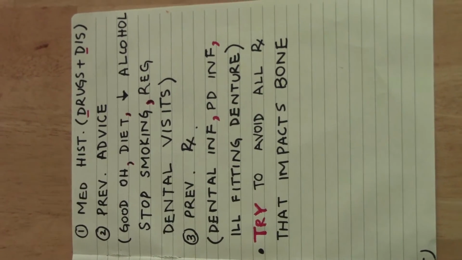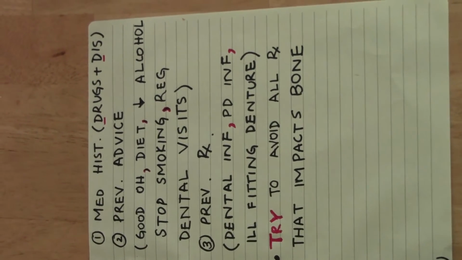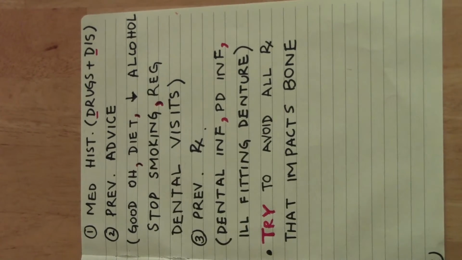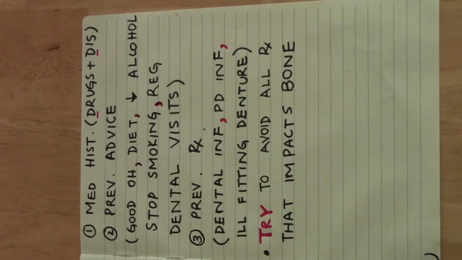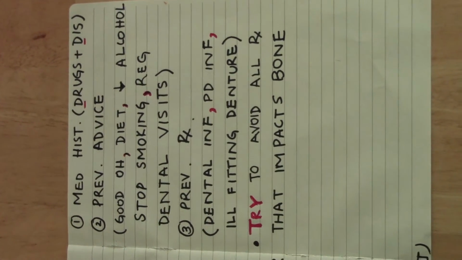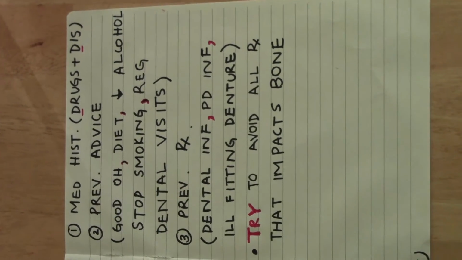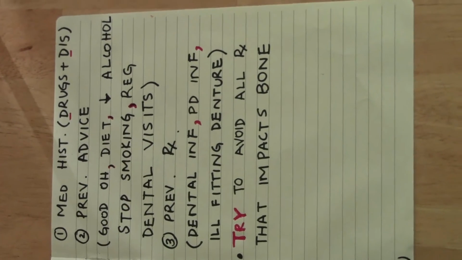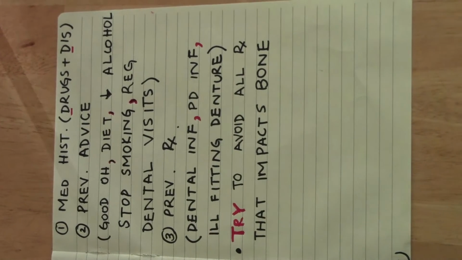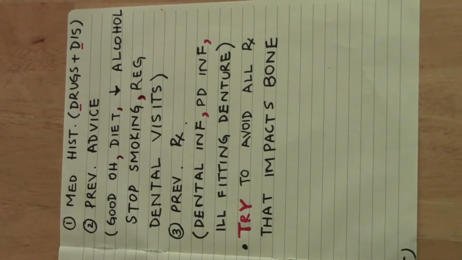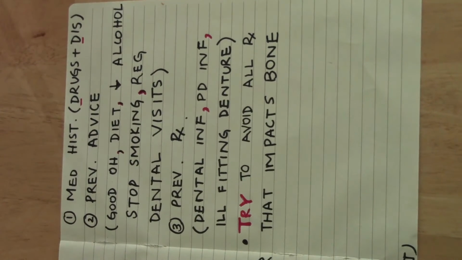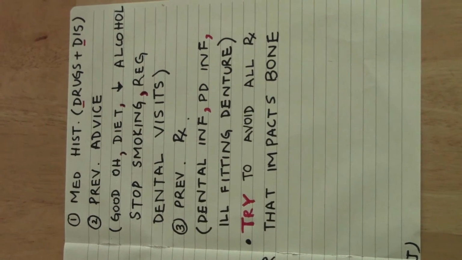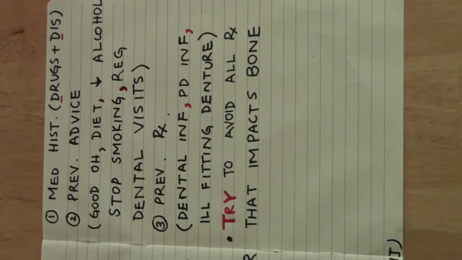However, if they tell us they are taking alendronate or Fosamax or risedronate or pamidronate, that would be the drug. And if they say they are suffering from osteoporosis or Paget's disease or bone cancer, then we can ask them what medications they're taking for that, or if they're taking any bisphosphonates, because patients with osteoporosis especially may be taking bisphosphonates.